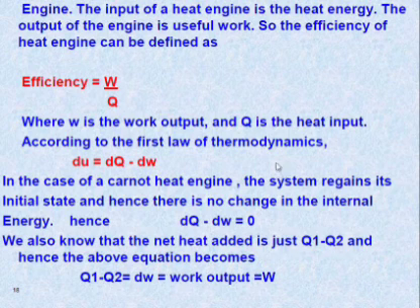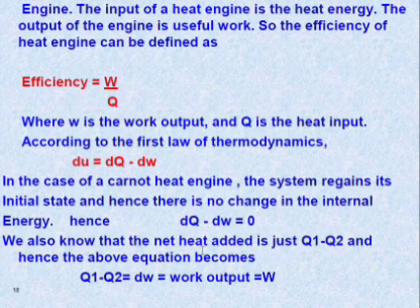According to the first law of thermodynamics, dU equal to dQ minus dW. In the case of the Carnot engine, the system regains its initial state and there is no change in the internal energy. Hence, dU equal to dQ minus dW equal to 0.